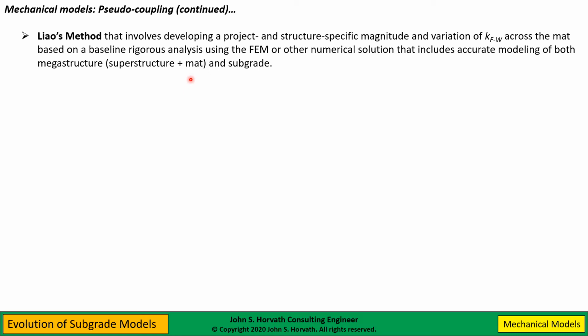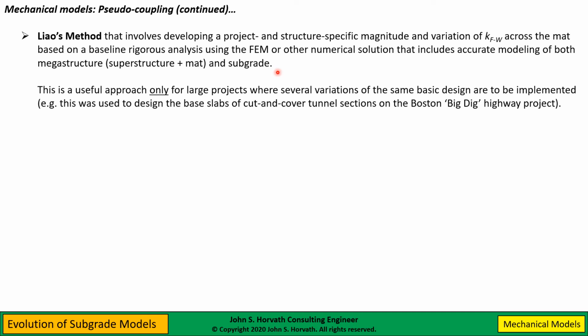is interesting for a very project-specific application. In this case, what you do is a rigorous finite element analysis of the real problem. Now, in Lau's case, these were cut and cover tunnels. So you do a rigorous analysis, you see how the spring constant, if you will, varies, and then you use that in other analyses.